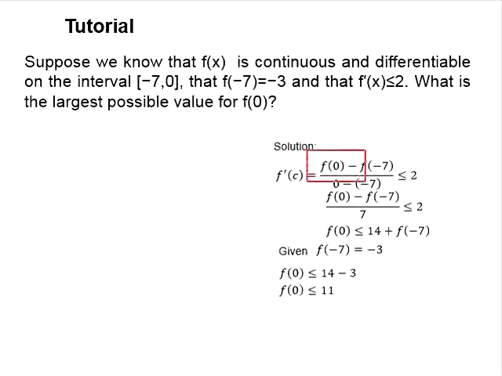That means the whole function here is less than or equal to 2. If you substitute the relevant values into the function here, the only unknown will be f(0). Solve that, and you will obtain f(0) less than or equal to 11. The question asks us to determine the largest possible value of f(0), and in this case, it is equal to 11.